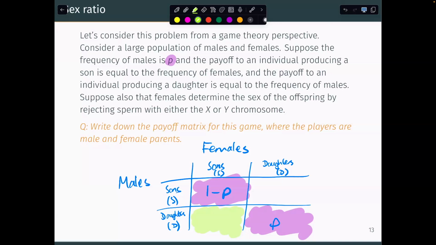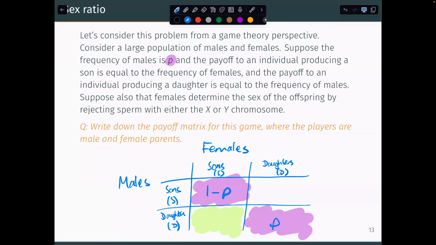So females are going to be the ones determining the outcome. So females can choose whether they accept or reject sperm with an X or Y chromosome. This should be 0. Not 0, because males may want to produce daughters. So you can think of this as being they're perhaps overrepresenting daughters in their gametes.